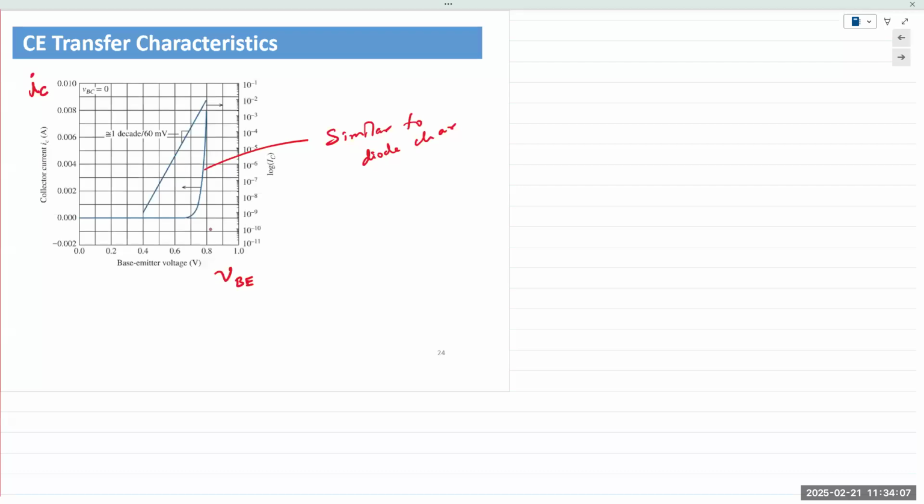So that's the linear scale. If you plot this on the log scale, you can see that on the left is linear, and on the right is the same data points plotted on the log scale.